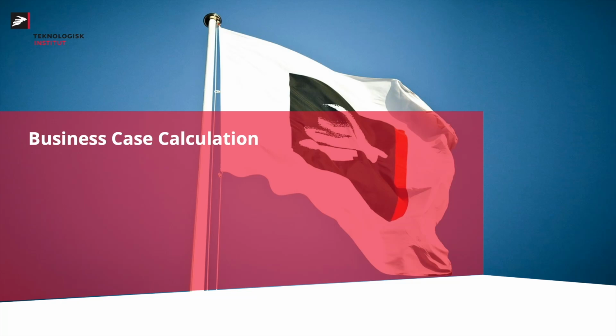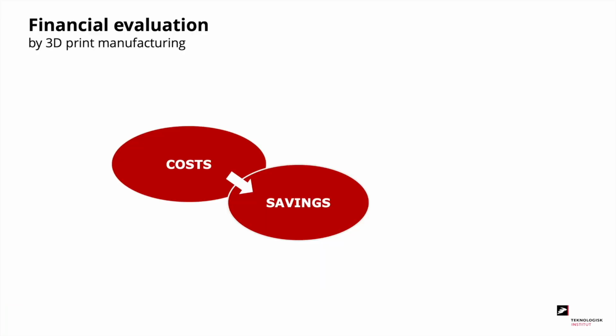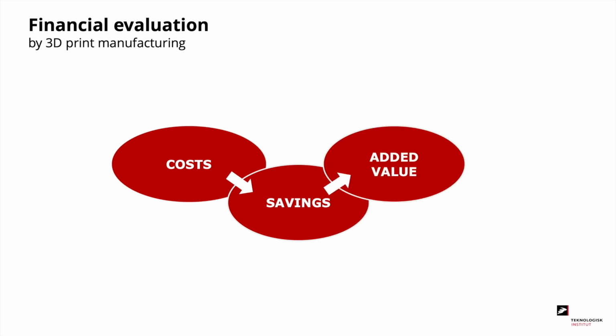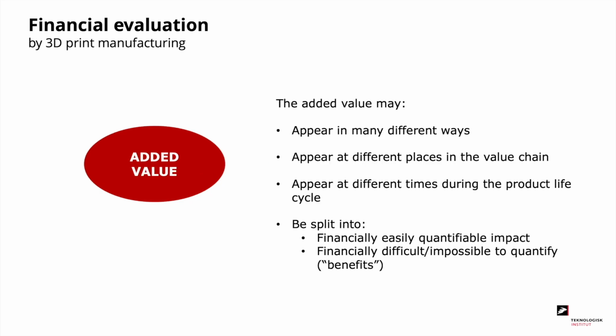To set up a correct business case, you need to look at more than just the costs and savings. And that is what we are going to look at here. So in addition to costs and savings, you need to take into account the added value. The added value may appear in many different ways. We will see that later in this video.